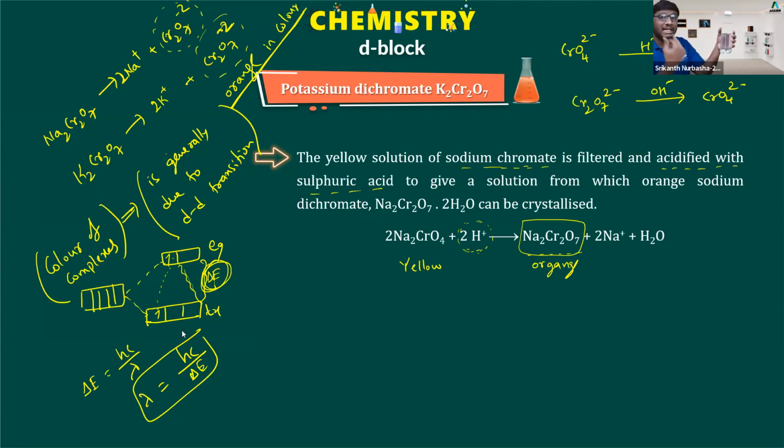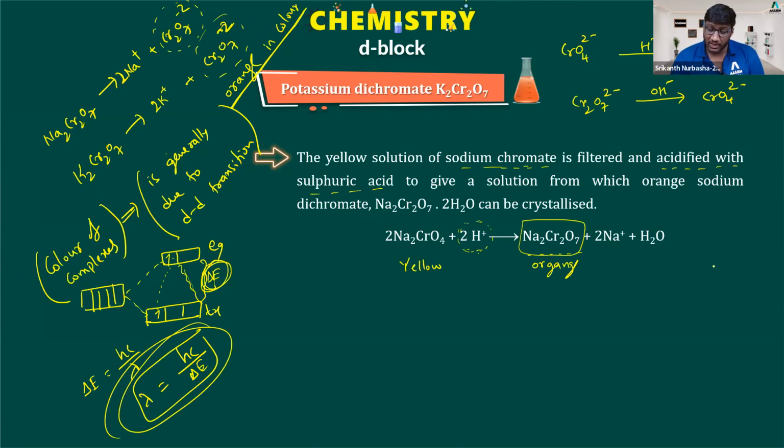I am not seeing the color with which the electron has been excited. I am not seeing this lambda. This lambda is equal to hc by delta E, the wavelength chosen by the electron to go from the t2g level to the eg level. But what I am seeing, the color of the complex, is the complementary color, not the color which has been absorbed by the electron. Understand this point carefully.